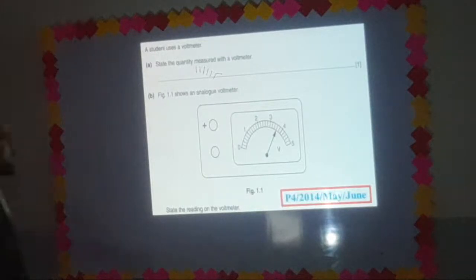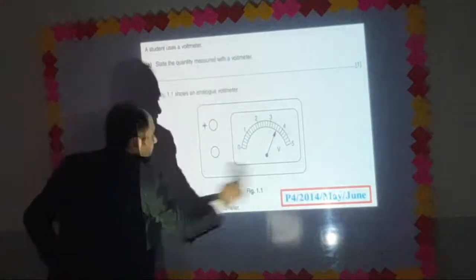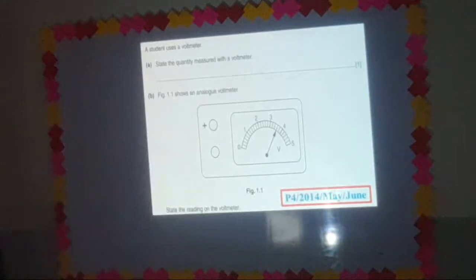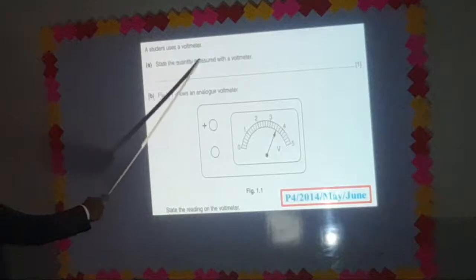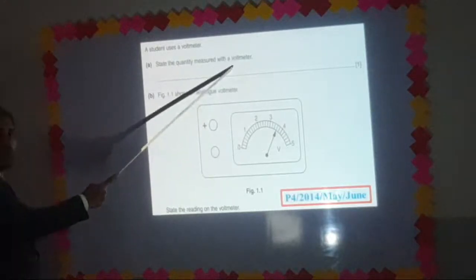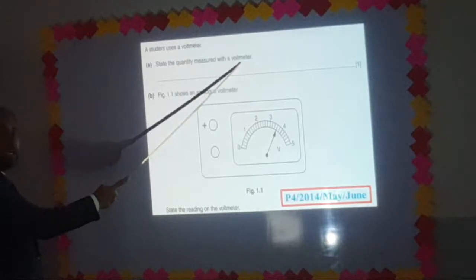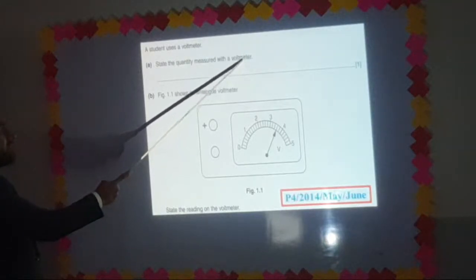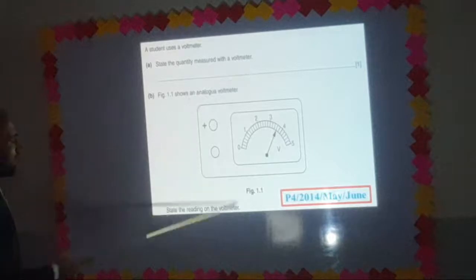Again, this is a question from 2014, May, June. The question is, state the quantity measured with a voltmeter. We can measure EMF with the voltmeter. We can measure potential difference with the voltmeter. We can measure voltage with the voltmeter.